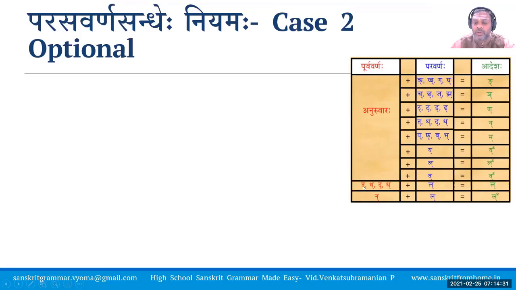That is the second rule. Tavarga followed by Lakara becomes La. The last one, Na, is also a Tavarga letter followed by Lakara, and becomes La with an Anunasika sound. Okay, I see. Thank you, sir.